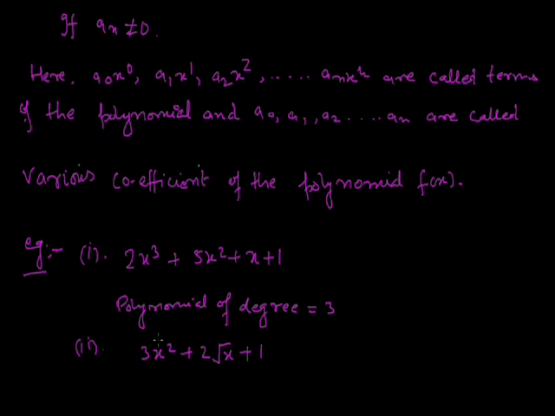Here we see that the first term is 3x square, here x to the power 2, and the second term is 2 root x. Root 2 is non-negative. In the given example 2, the first term 3x square has degree 2, and the second term 2 root x has x to the power 1 upon 2. This is not a non-negative integer, so this is not a polynomial. Fine.